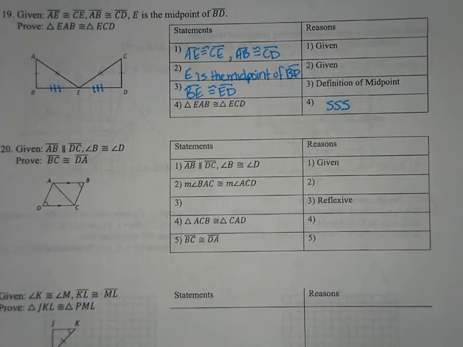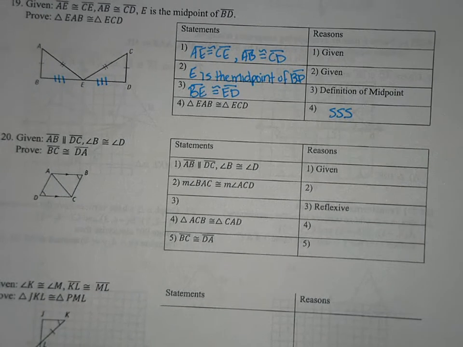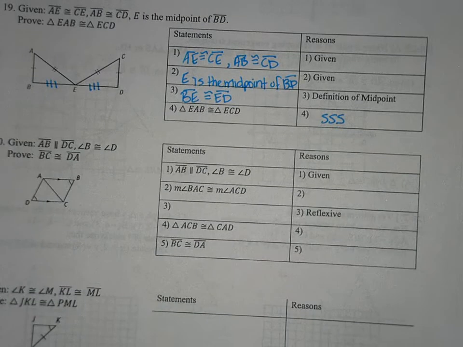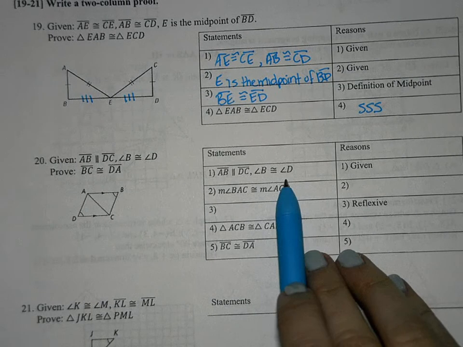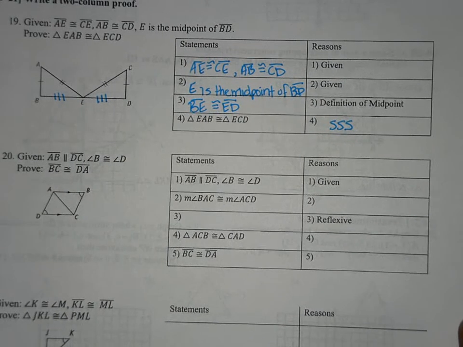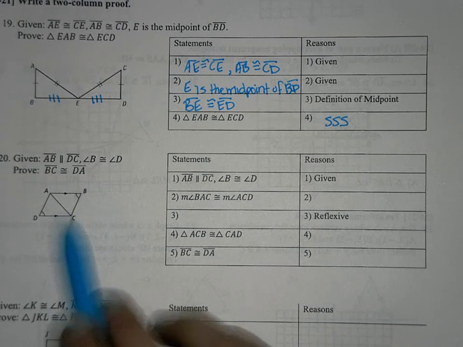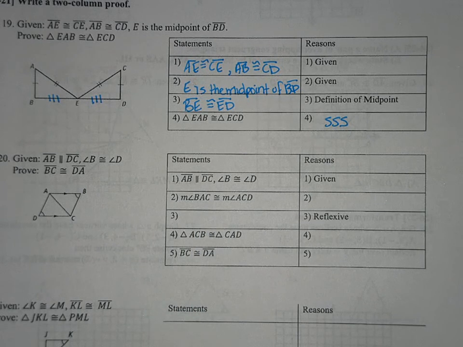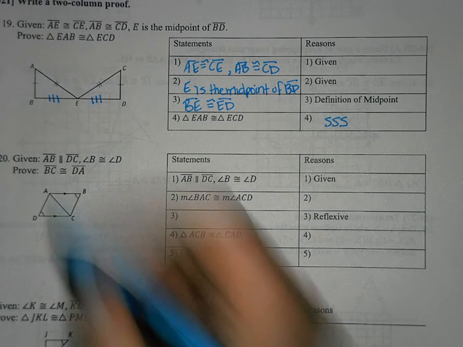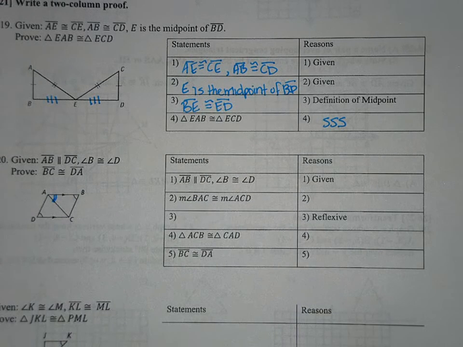Okay, our second proof. So they've already filled in for us statement and reason number 1. And they've also already marked them on our picture. So then it tells us that we have the statement angle BAC, so BAC is this angle here, is congruent to angle ACD, this one here.